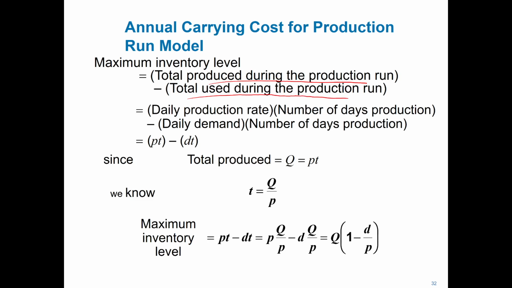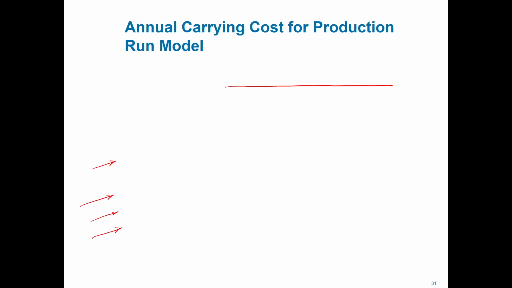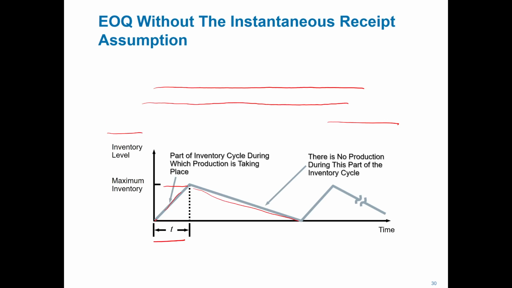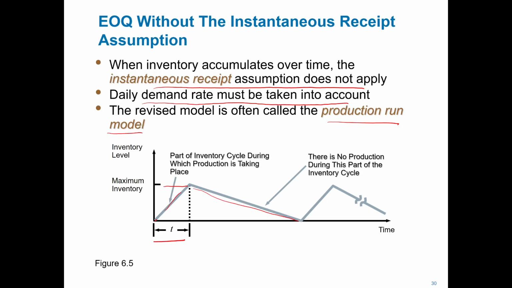If I go back again to that figure, the maximum inventory over here is PT, the production per day multiplied by the time T, minus DT, the demand per day into the time T. So this will be the maximum inventory.